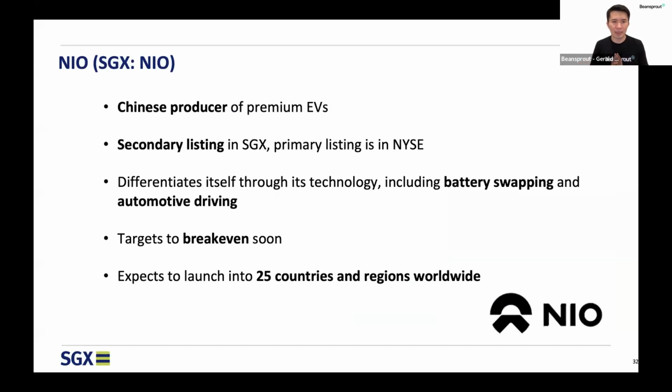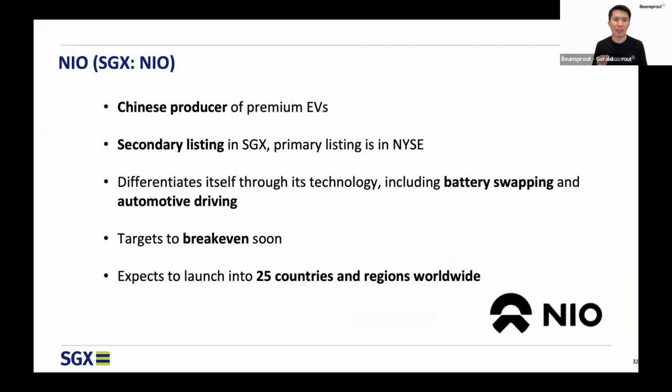Okay, we spoke a lot about NIO earlier, and that is because it is one of the largest listed Chinese EV manufacturers. It is widely followed by a lot of investors as well, which is why we actually spend quite a lot of time talking about this name that I believe a lot of you will be interested in. So it is a Chinese producer and it focuses on premium EVs.